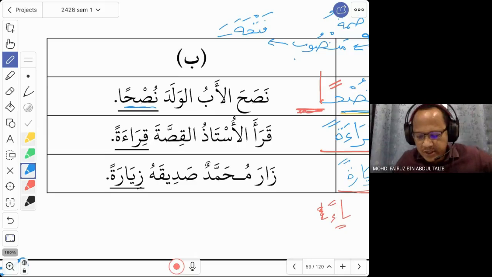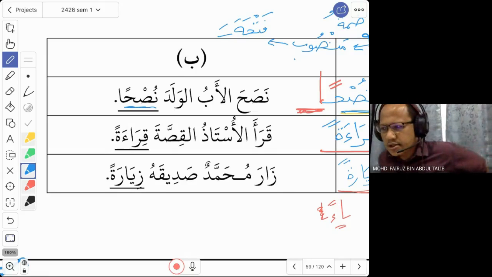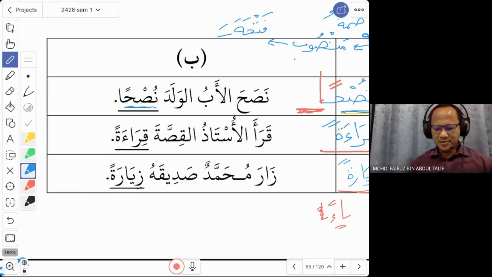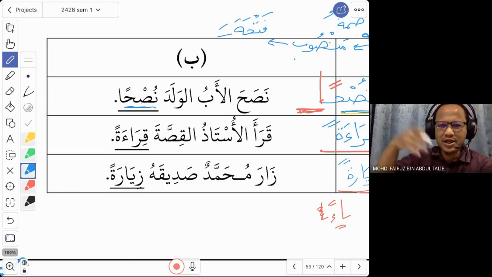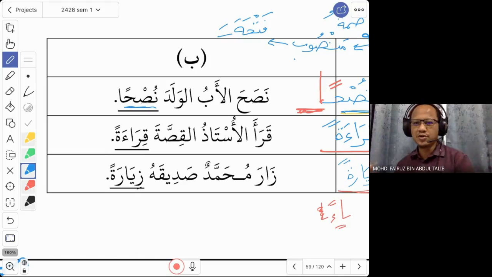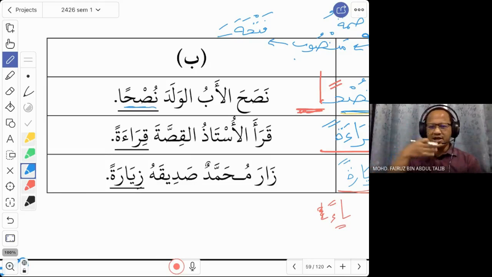So let's say you want to say he read it loudly. What is loud? Or to say it out loud. Anybody knows the word? For example, when the Imam prays Maghrib, Isha, or Subuh, Fajr, he will read the ayah out loud.